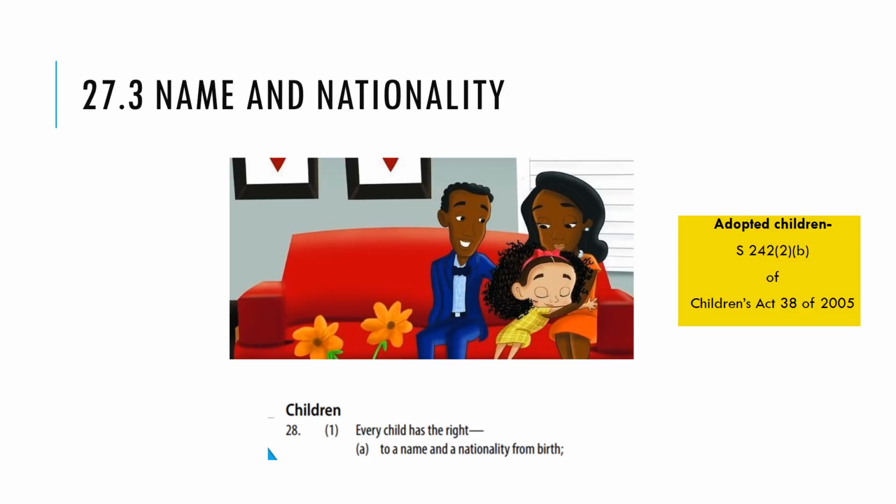This makes the whole process of finding their biological parents and many parts of their identity an easier process. And this is something that not many countries have, and yet again makes the whole constitution and the protection of children in South Africa very unique.